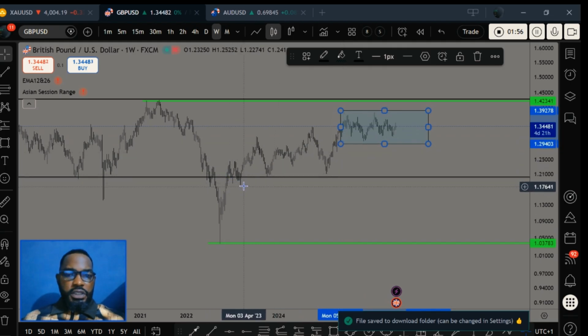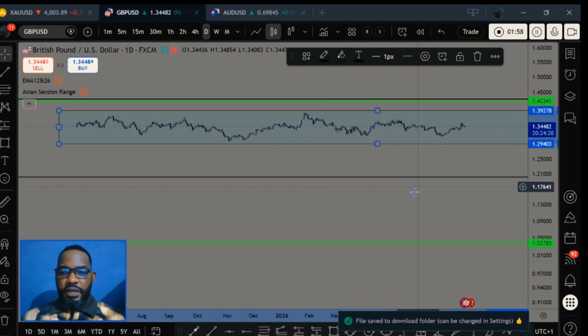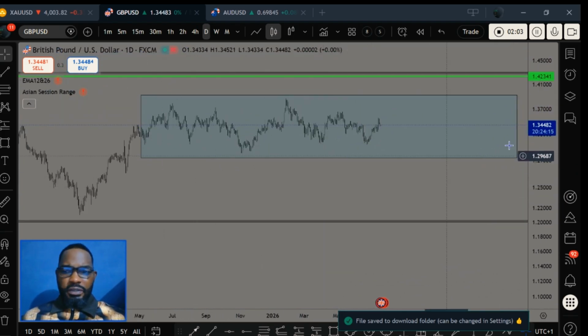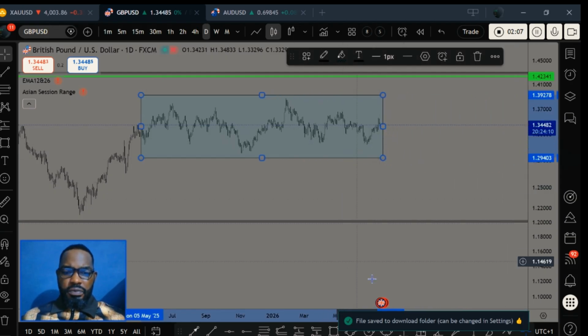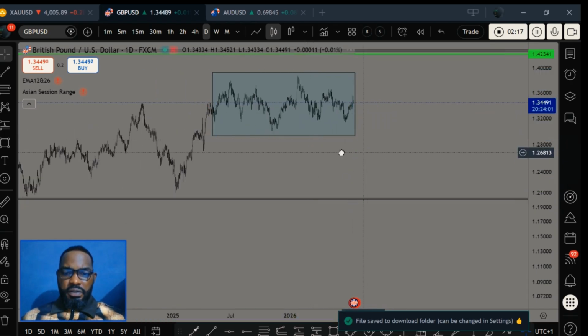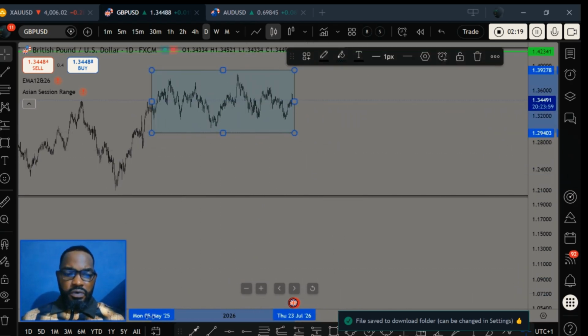We'll observe this, so we go straight away to the daily time frame. What do we notice? How long has price been ranging here? Price has been ranging here ever since Monday, May 5th, 2025 to Thursday, July 23rd, 2026.